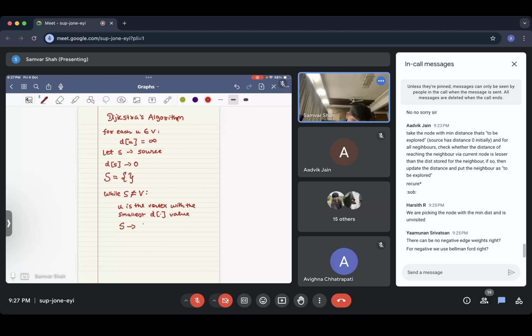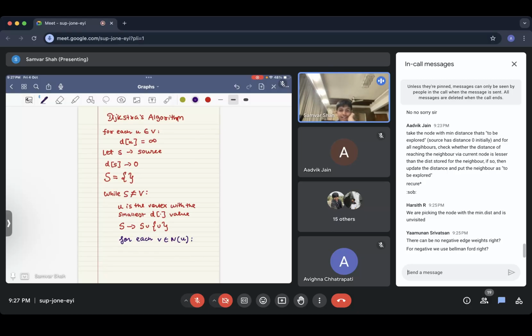S equals S union U. This is union, this is U, by the way. I hope that's clear. Now, after this is done, for each vertex V in the neighborhood of U.